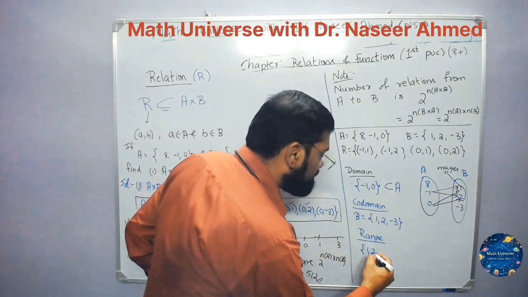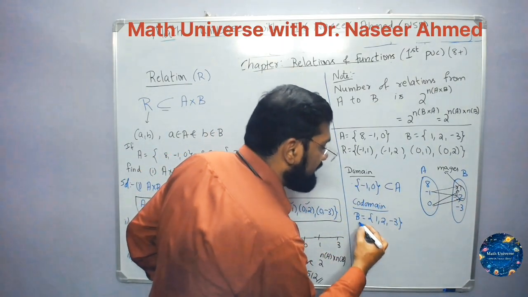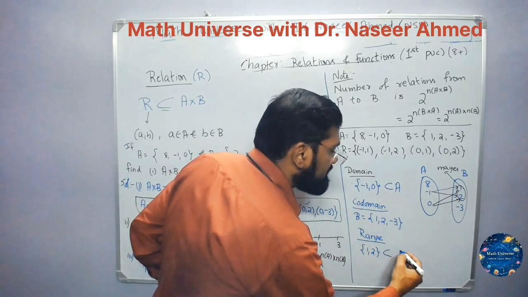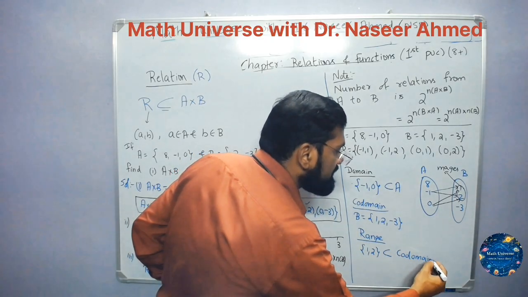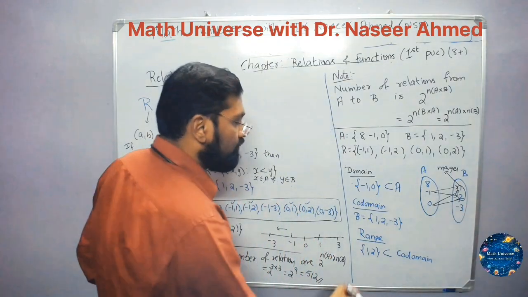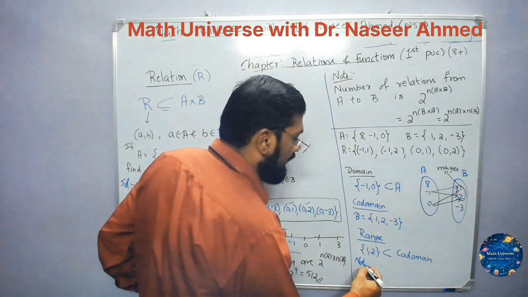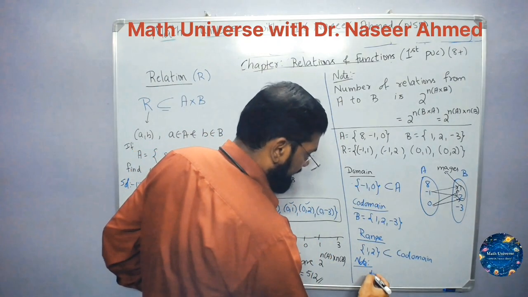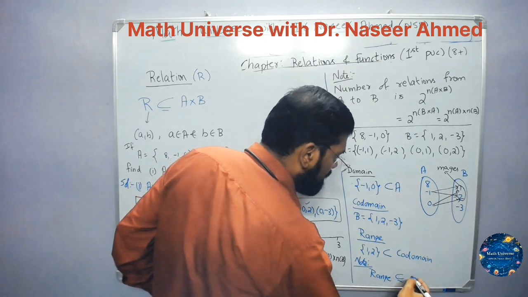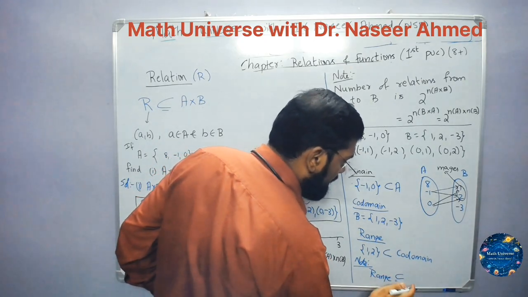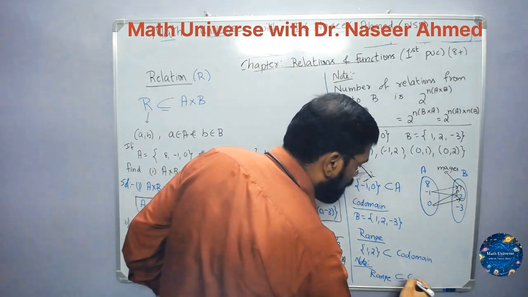And you see this range 1, comma 2 is contained in B. So range is always a subset of codomain. And I would like to give as a note that range can be a subset of, or equal to, codomain.